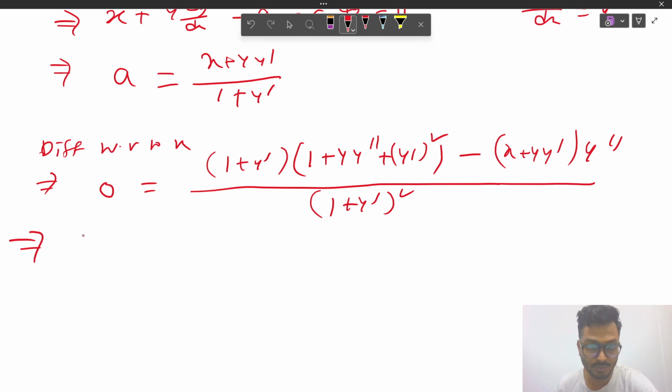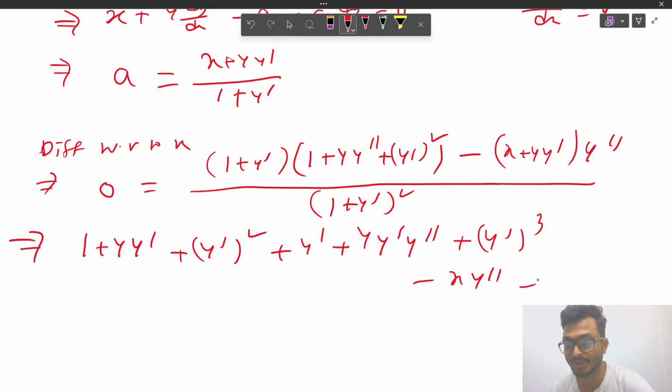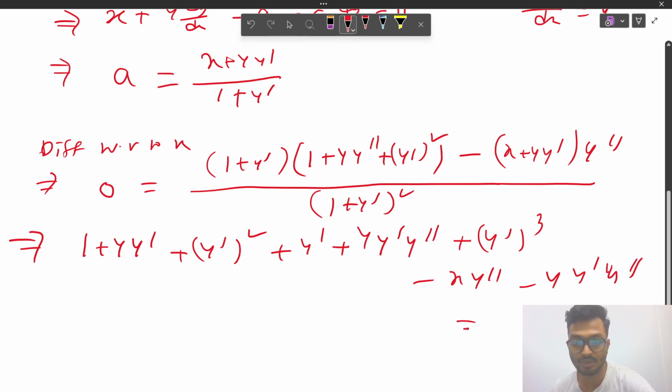Multiplying this, we get 1 plus y dash plus y dash whole square plus y dash plus y dash y double dash plus y dash whole cube minus x y double dash minus y dash y double dash minus y double dash equals 0, right?